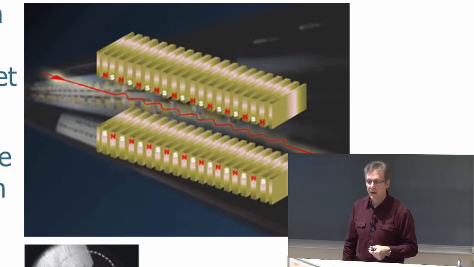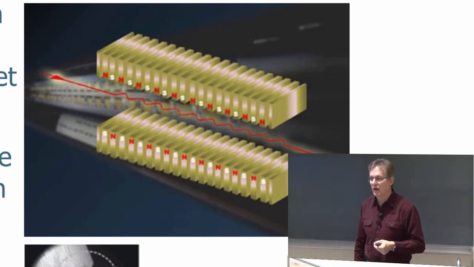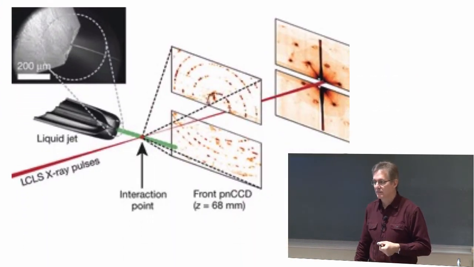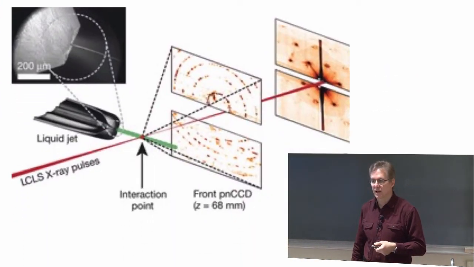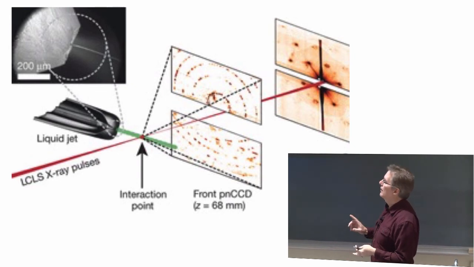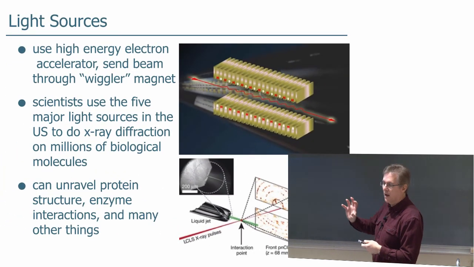That is the way that we now produce ultra high intensity X-ray beams for use in mass production X-ray crystallography. There are thousands, millions of biological molecules, the structure of which we would like to know. Proteins, RNA, all sorts of different things. We'd like to understand how they're made.